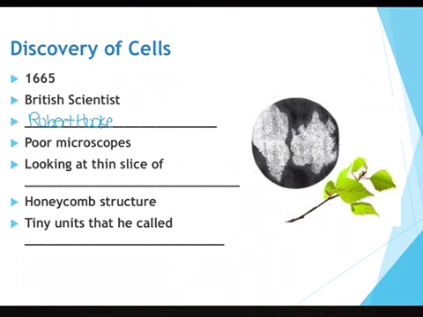However, he was able to look through the microscope at a thin slice of cork, which comes from a cork tree. And he saw this honeycomb-like structure, and each of the little openings that he saw, he called cells. So this was the first time that cells really got a name.